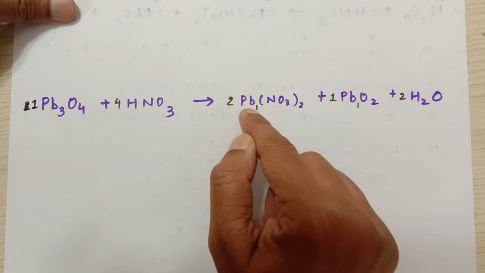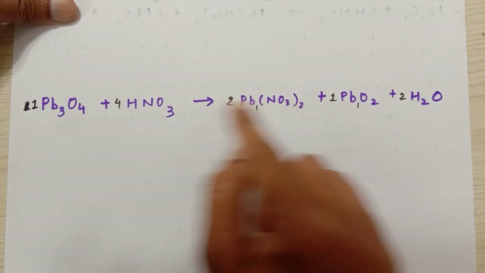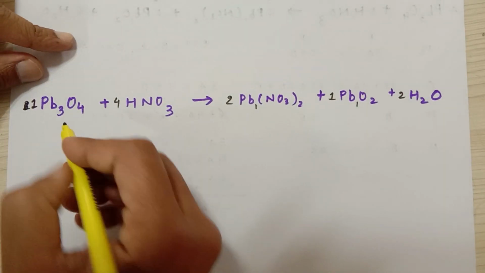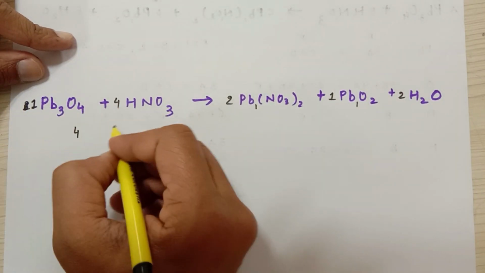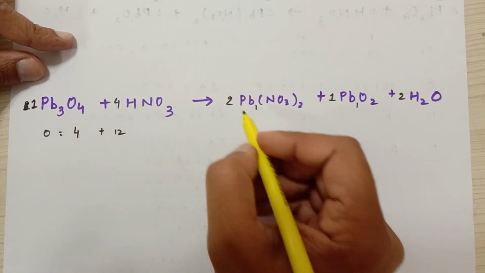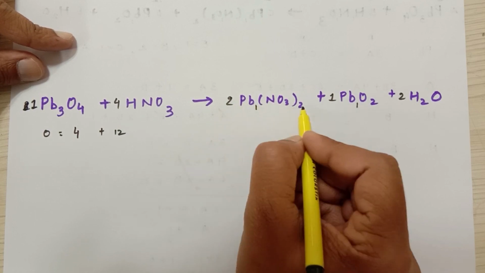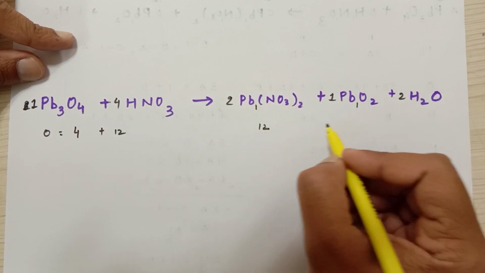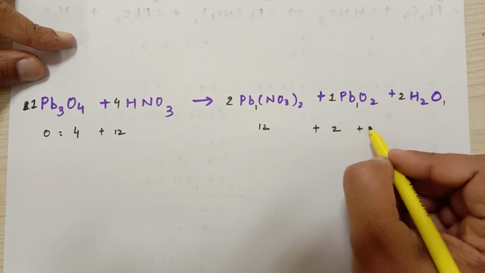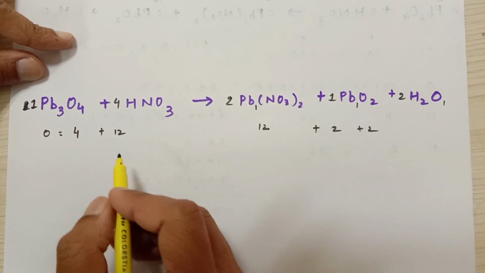Here we have 2 1s are 2 plus 1, so 3 lead on this side. Oxygen, it is 4 here, 4 1s are 4, plus 4 3s are 12, so oxygen is 16 over here. Here 2 2s are 4, 4 3s are 12, 12 oxygen over here, plus 1 2s are 2 oxygen, and 1 2s are 2 oxygen over here. So again 16, so oxygen is balanced.